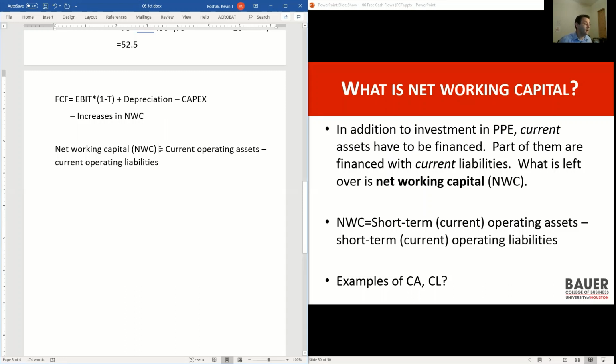One example of an operating asset that we've talked about is inventory. And one example of a current operating liability we talked about was your accounts payable. So it's the difference here, the net between your short-term assets and your short-term liabilities that determines how much cash you have to put into the business.